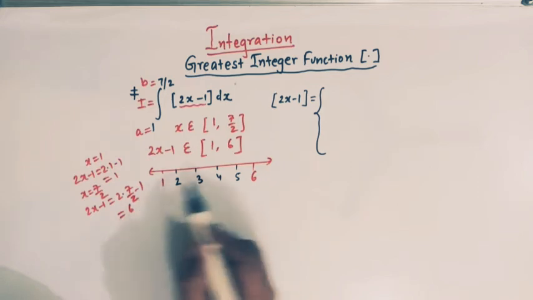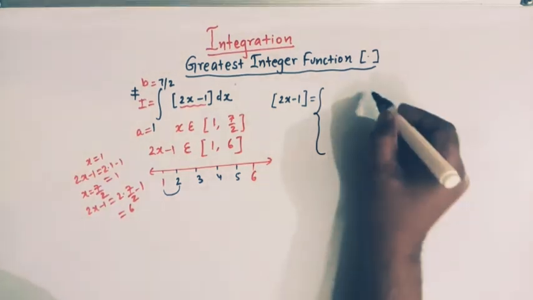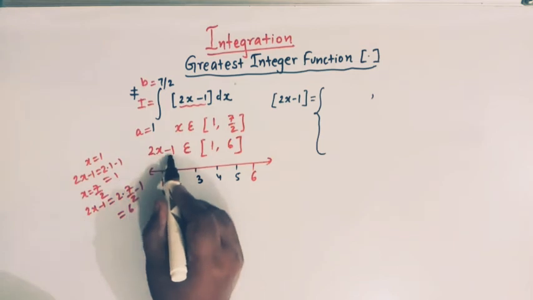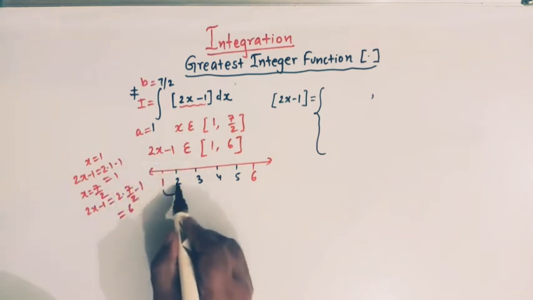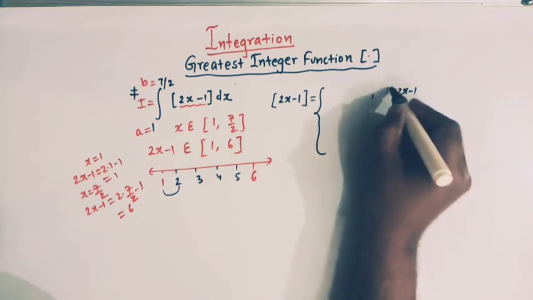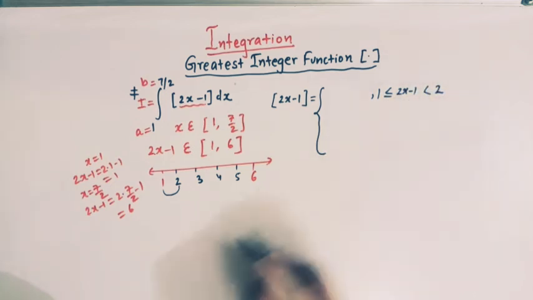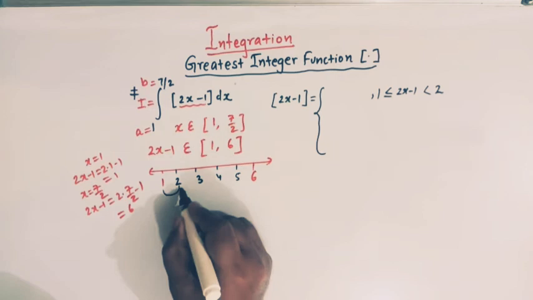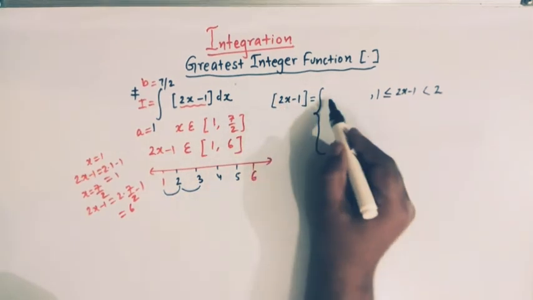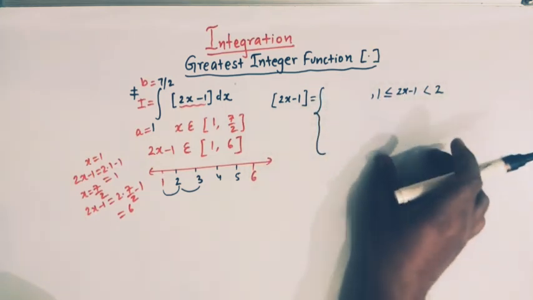So if we take the interval 1 to 2, that is when 2x minus 1 lies between 1 and 2, we can write 2x minus 1 is greater than or equal to 1 but less than 2. Then the values of the greatest integer function 2x minus 1 we'll write after we write all the intervals here.